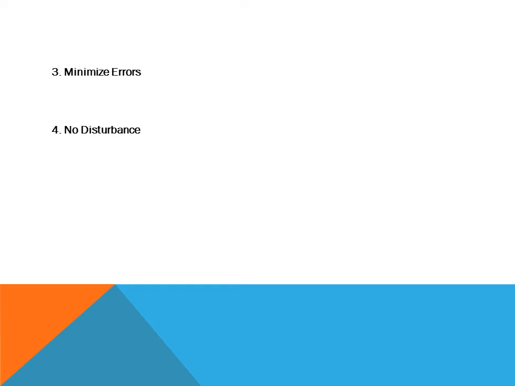But here we don't have any disturbance. We don't get any disturbance to learn the things or to acquire the skills. So these are the four major advantages of the job training. Let us talk about the disadvantages of the job training.